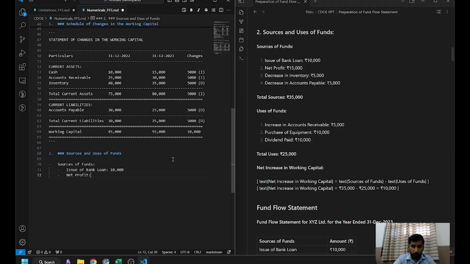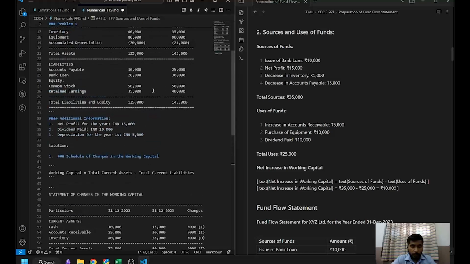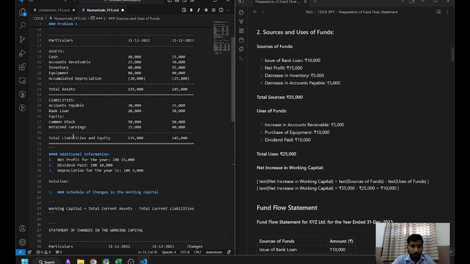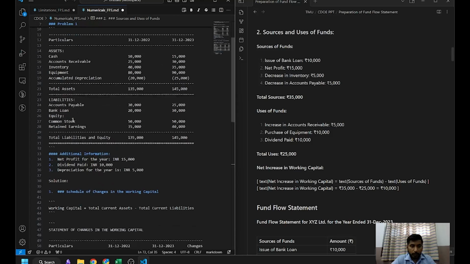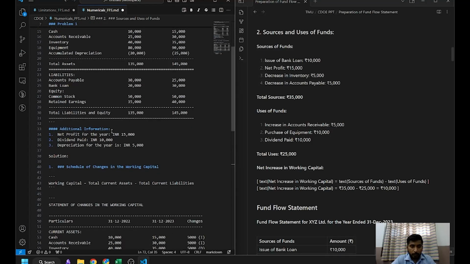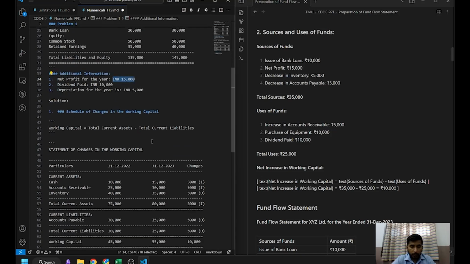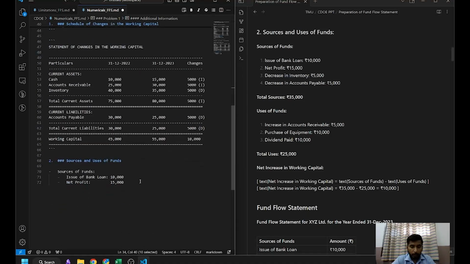Net profit went from 10,000 to, it is given here that the net profit is 15,000. So the net profit will be 15,000. This is also a source of fund.